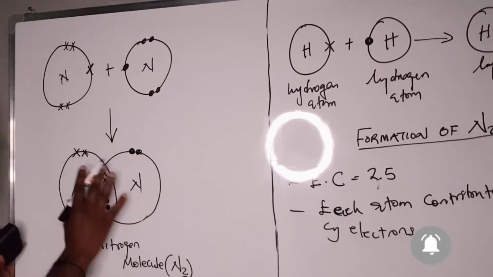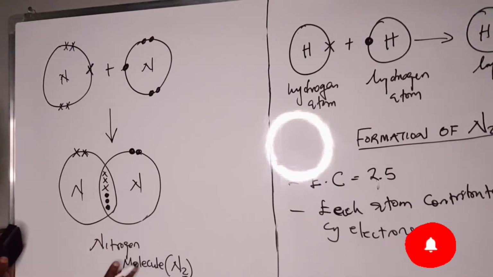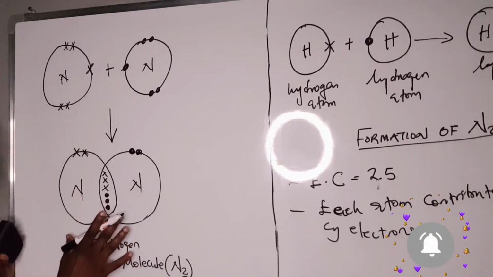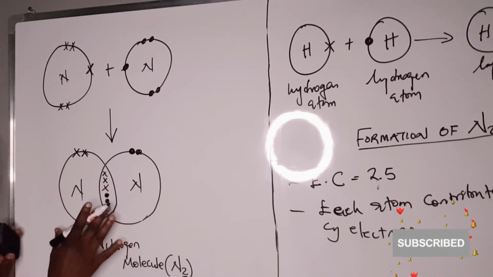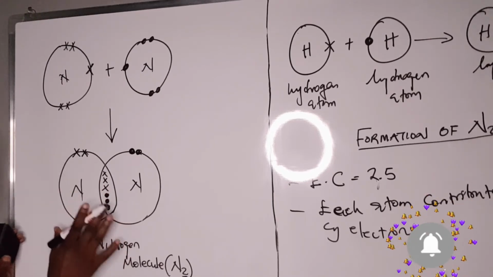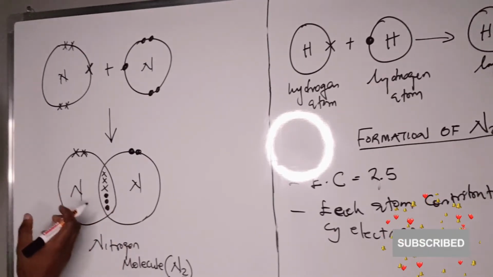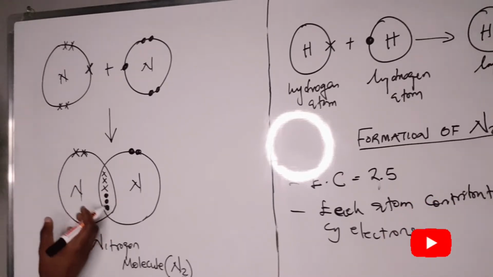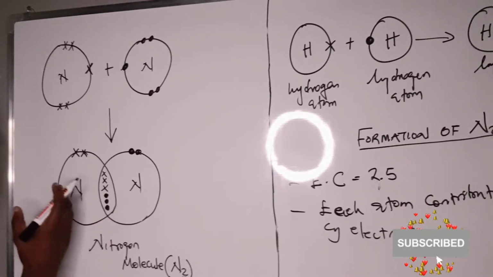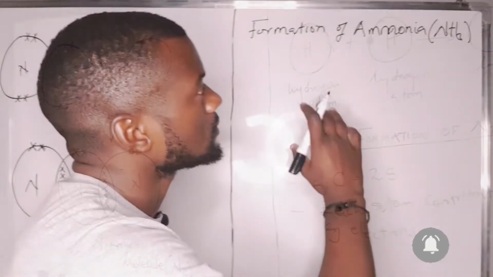So this is the structure for nitrogen molecule. So nitrogen molecule is formed by the sharing of electrons between the 2 nitrogen atoms. And basically 6 electrons are shared between the 2 nitrogen atoms.